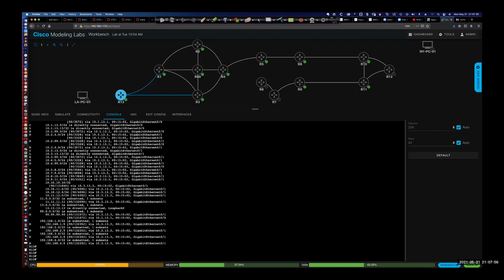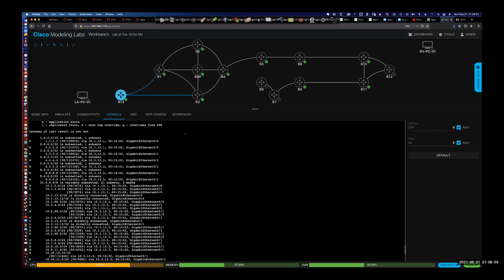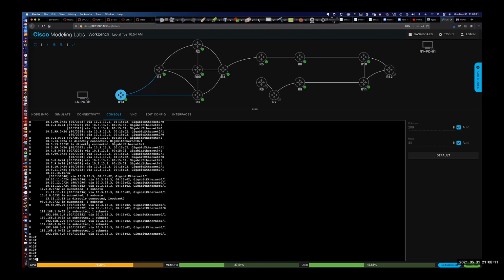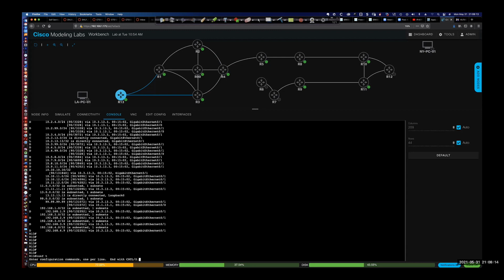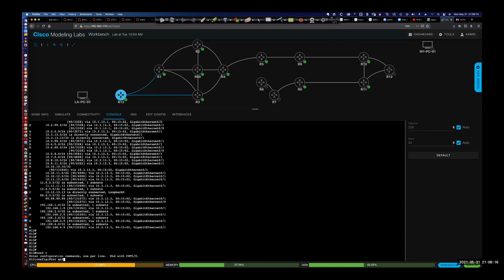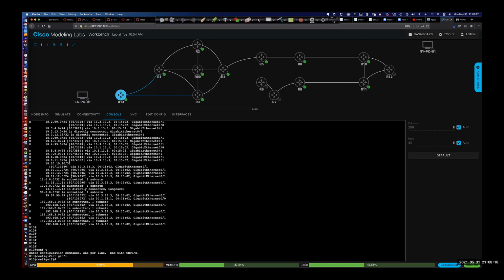So let me double check this real quick. What interface did it think? For the 4 is going to be to router 3. So it's selected gig 0/1. So let me go on to gig 0/1 here. And let's get into global config and interface GigabitEthernet 0/1. And I'm going to say delay.